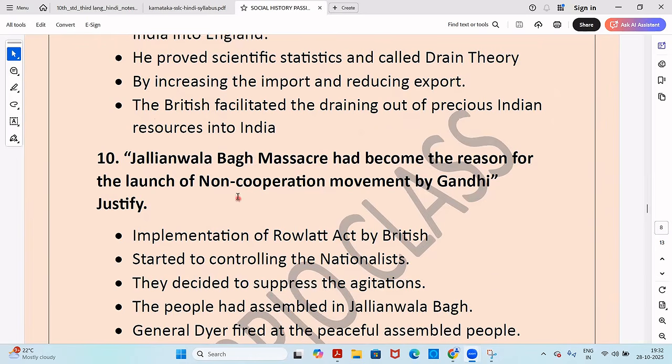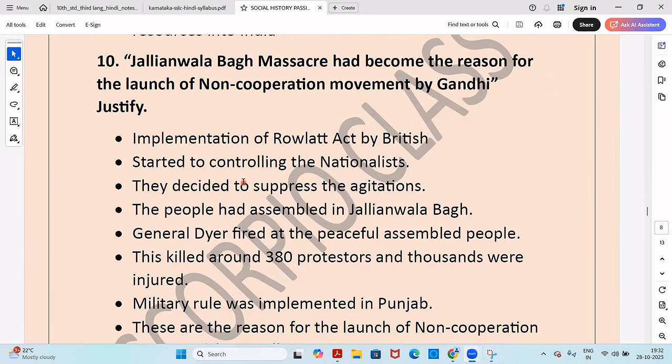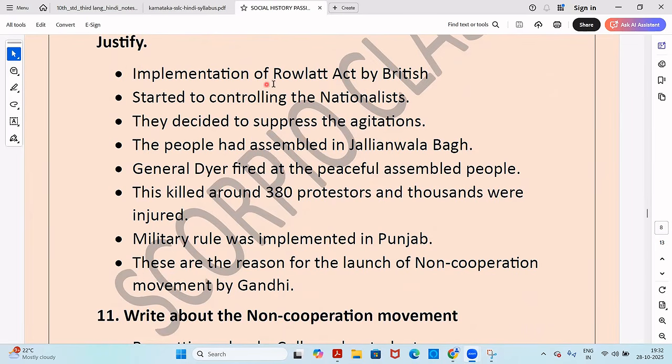Next, the Jallianwala Bagh massacre became the reason for the launch of the non-cooperation movement by Gandhi. Justify. One of the important questions, okay? So let's see the answer. The British implemented the Rowlatt Act to control the nationalists. They decided to suppress the agitations.